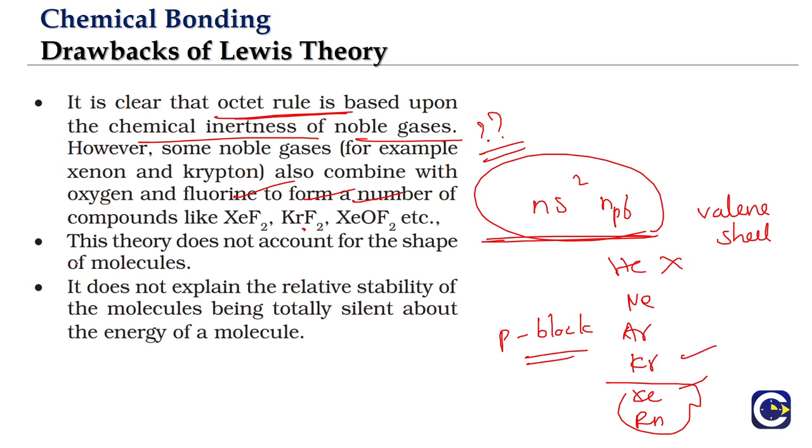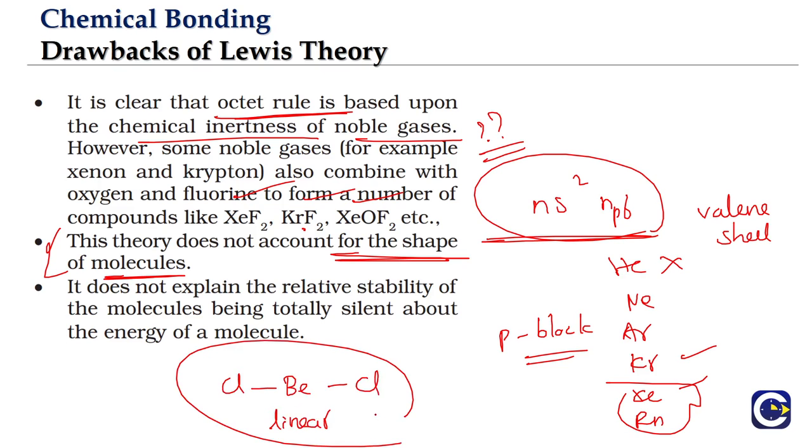And the Lewis dot structures only explain how the atoms are bonded to each other in a molecule. Lewis theory does not account for the shape of the molecules. When we talk about something like BeCl2, we'll learn about it a little later. This molecule has what we call a linear shape.